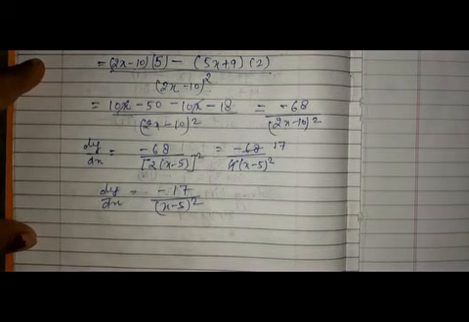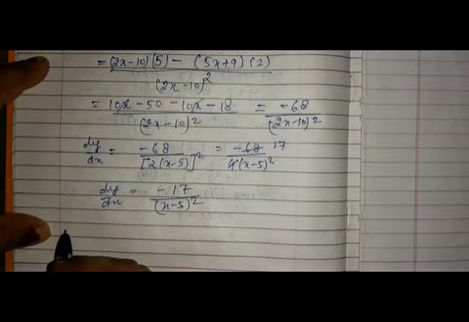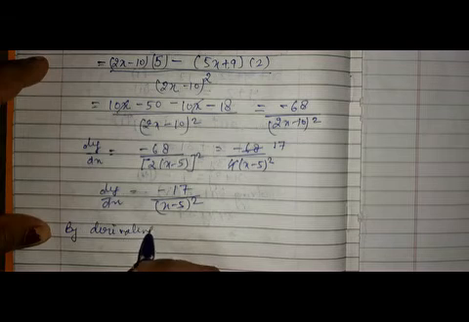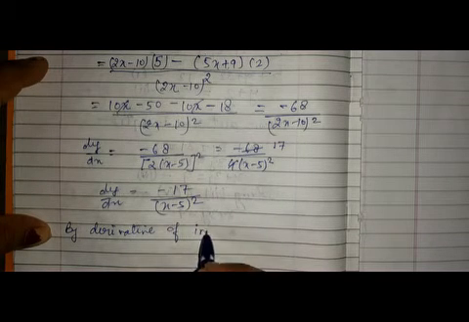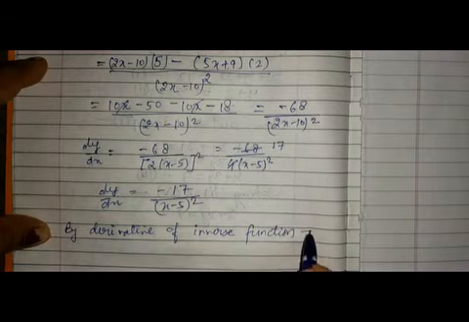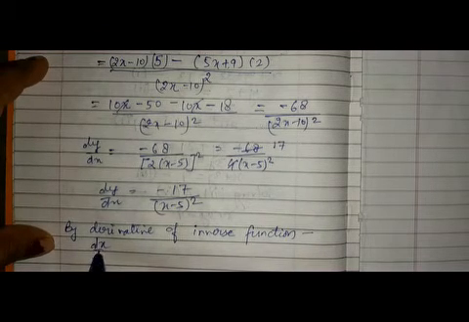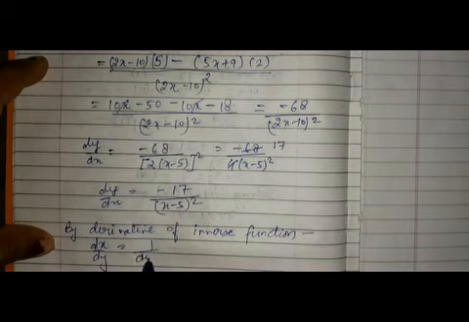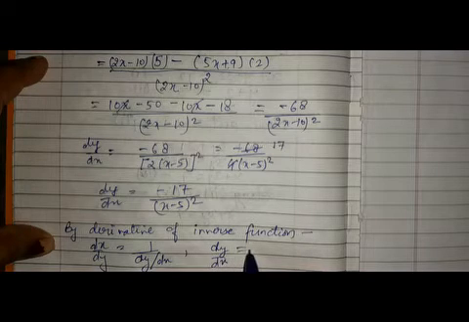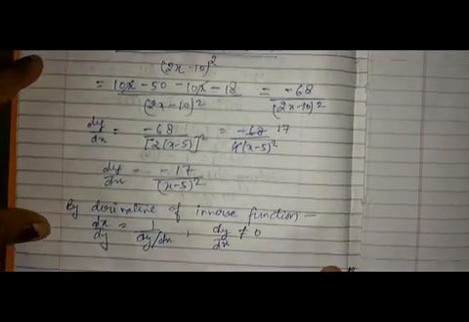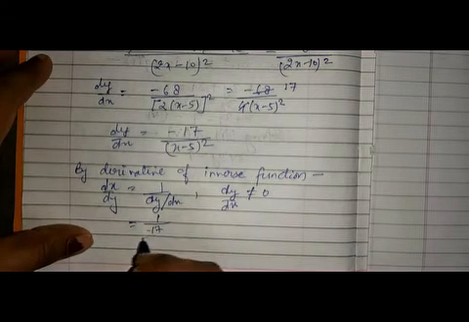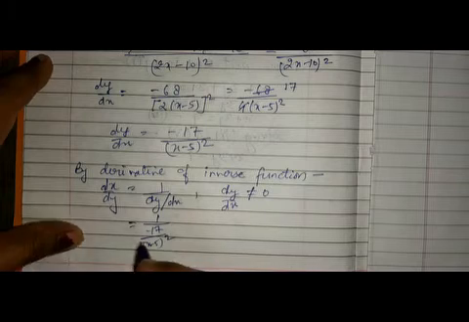Okay, but we have to find dx upon dy, na? So by the derivative of the inverse function, dx upon dy is equal to 1 upon dy by dx, where dy by dx is not equal to 0. So at last we just take the reciprocal of minus 17 upon (x minus 5) whole square.